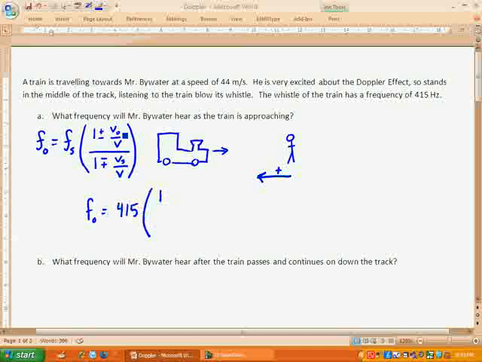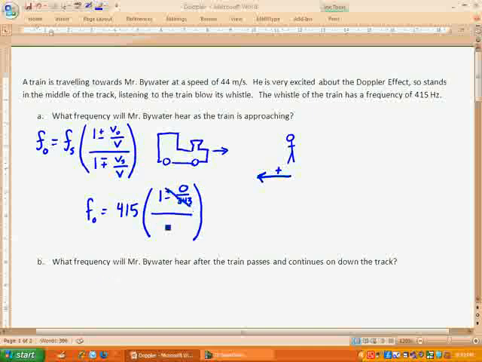Now this one is dealing with the observer, and the observer in this case isn't moving, so it doesn't really matter if it's a plus or a minus, because it's going to be 1 plus or minus 0 divided by the speed of sound, which we're going to assume is 343 meters per second. Okay, so 1 plus or minus 0 divided by 343 is just going to leave us with 1.